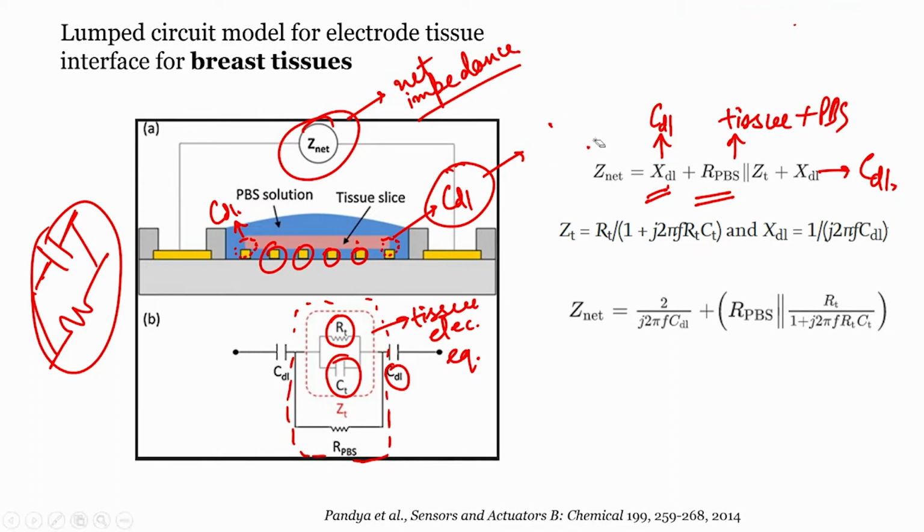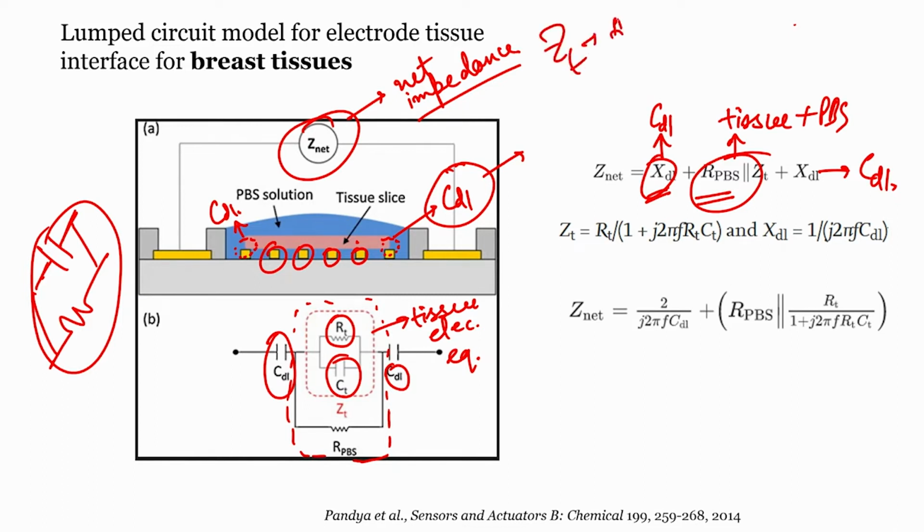The elements, let us have a look at it again. XDL corresponds to the reactance offered by this capacitor, which is the double layer between electrode and tissue. This expression is the resistance offered by PBS, phosphate buffer saline solution, which is in parallel with ZT.